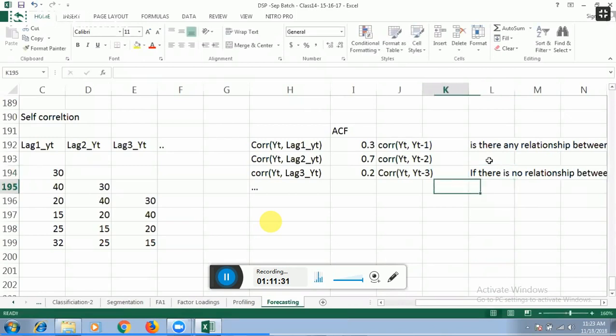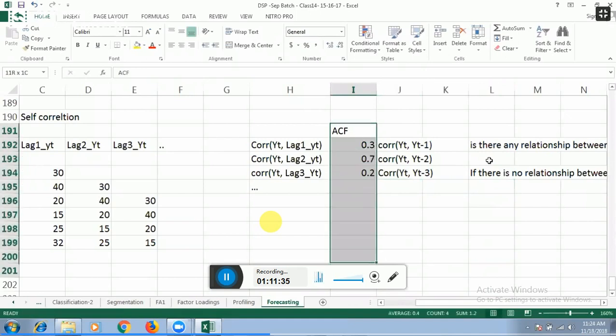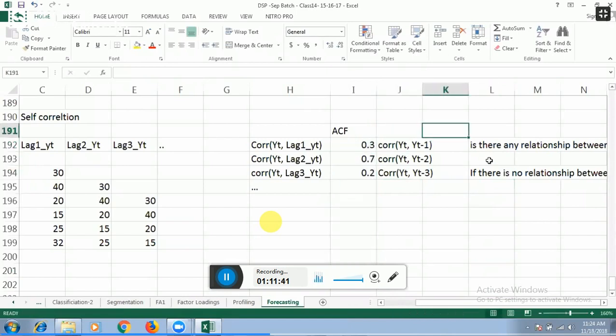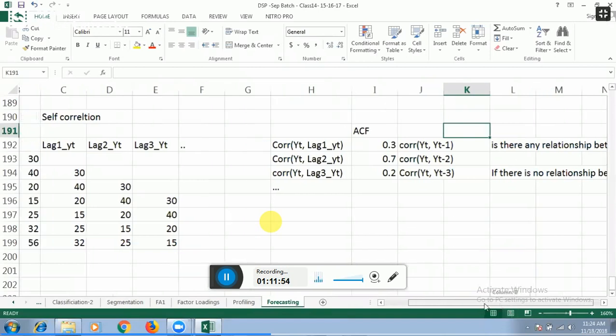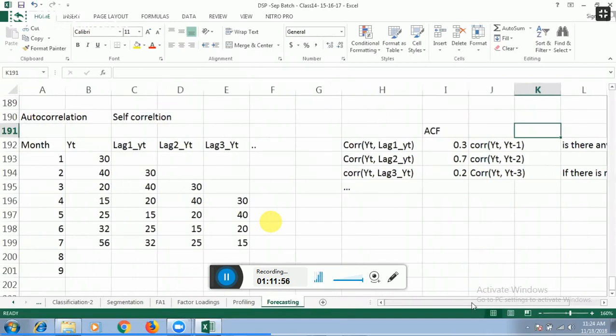So if the ACF is almost close to 0 at every lag, then we can say that series is not usable for any kind of forecasting. That is what we call a random walk, or white noise. Is this clear? What is ACF and what is white noise? What is the random walk?